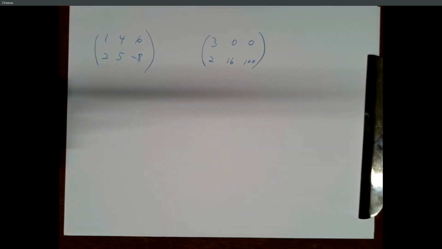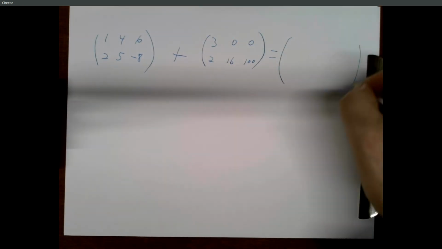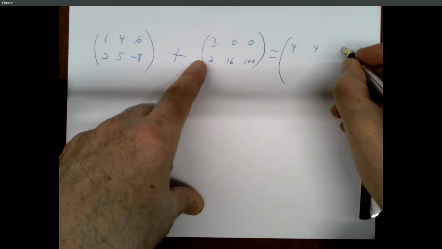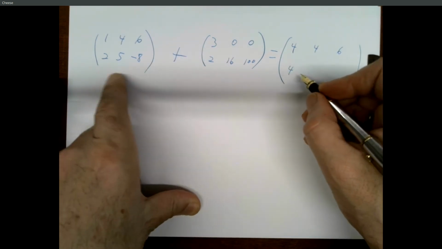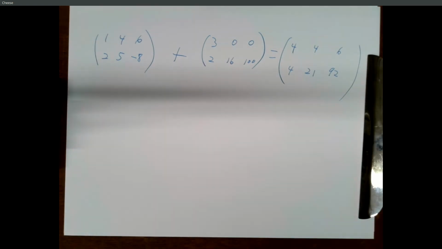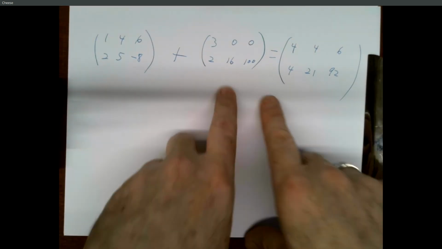And if I want to add these matrices together, I just do it term by term. So 1 and 3 is 4, 4 and 0 is 4, 6 and 0 is 6, 2 and 2 is 4, 5 and 16 is 21, -8 and 100 is 92. So addition, no problem. Just go element by element. But it only makes sense if the dimensions of this matrix, the number of rows and the number of columns, is the same.